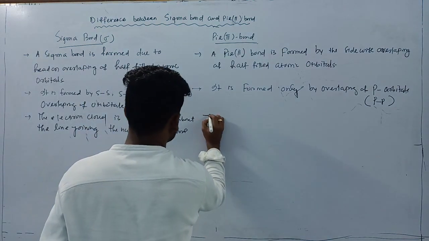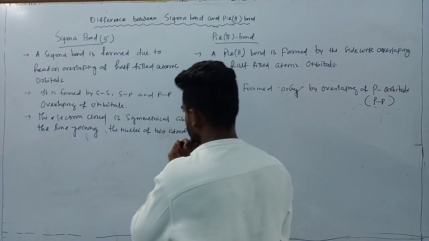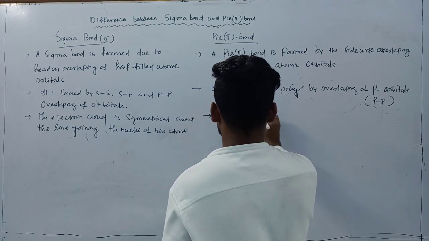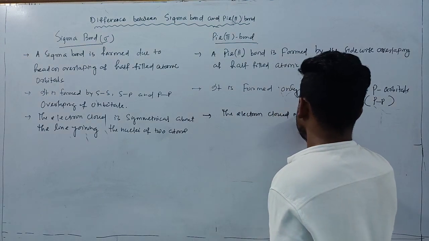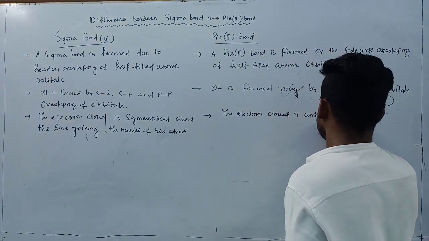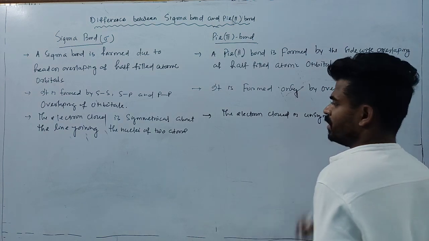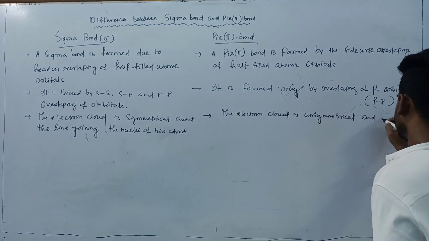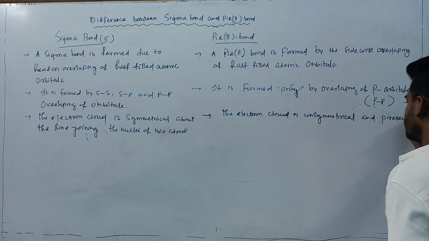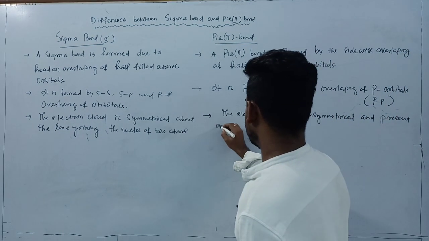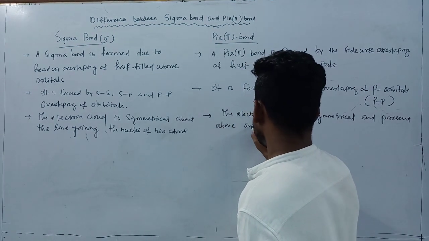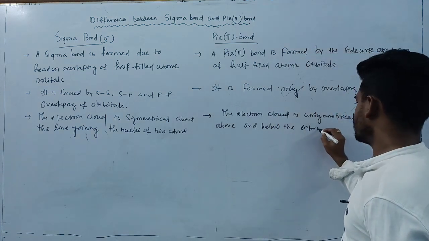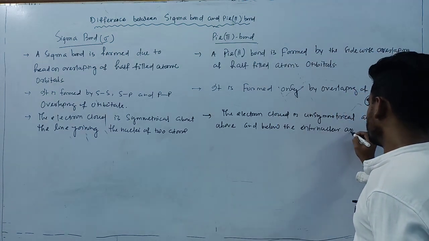Next, here the electron cloud is unsymmetrical, and present above and below the internuclear axis.